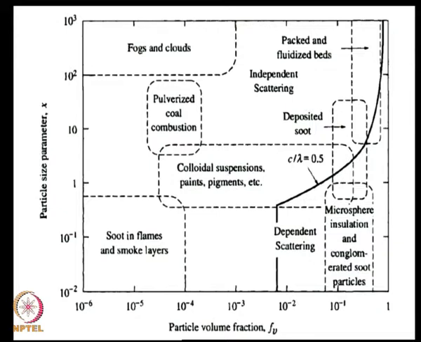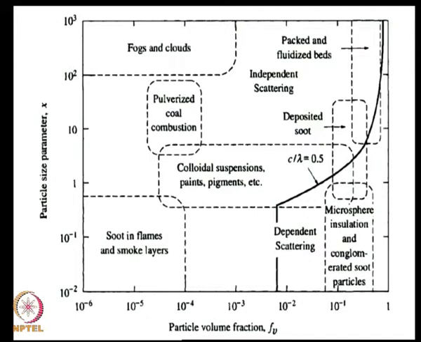Now, before we do that, let us get an idea of how scattering is influenced by presence of other particles. So far, we have discussed primarily scattering by single particle, and the question is whether this assumption is valid when there are large number of particles, because then scattering from other particles will influence scattering of the particle under consideration.